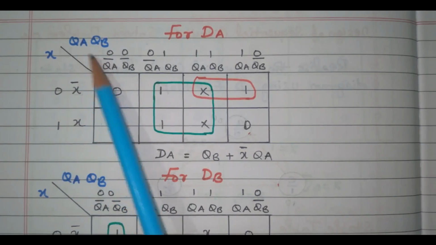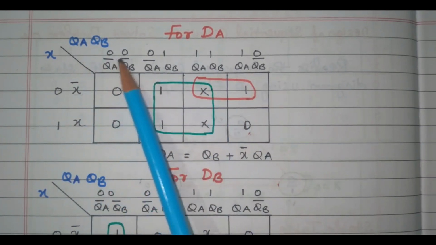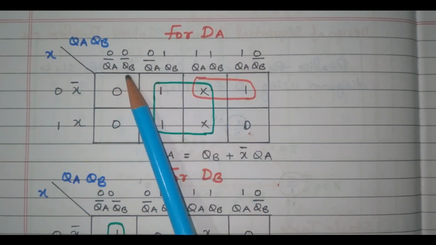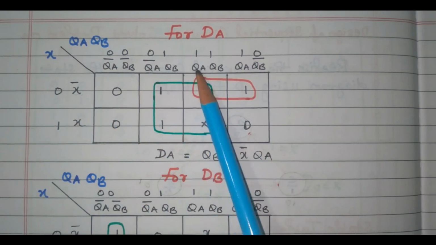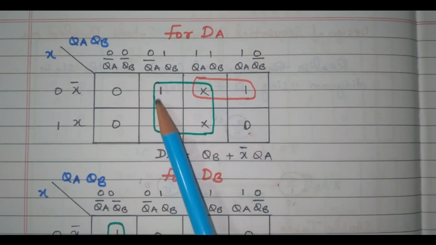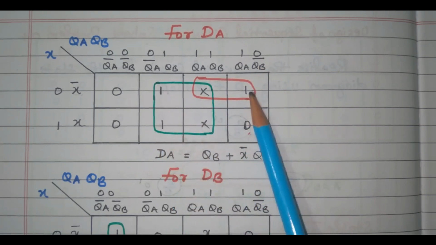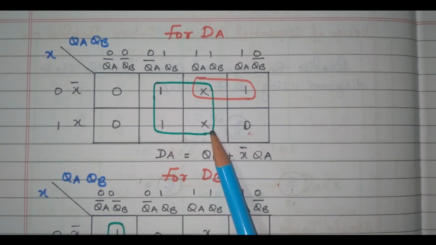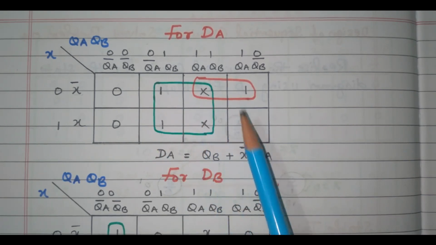QA, QB are 2 variables, so 4 combinations are available, 00, 01, 11, 10: QA bar QB bar, QA bar QB, QA QB, QA QB bar, where 0 means there is a complement. Based on the table, there are 3 ones and 2 cross marks, 2 don't care conditions are available. So, these 4 cells are combined together. Similarly, these 2 cells are combined together.